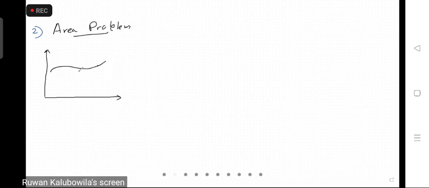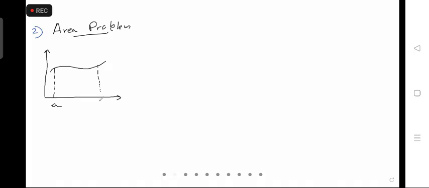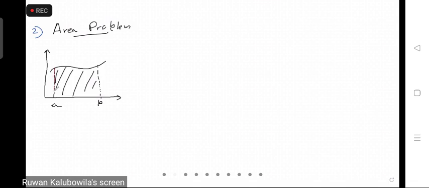So what I explained at the beginning: if you need to find the area under this curve between these two boundaries, using graphs, can you do this?